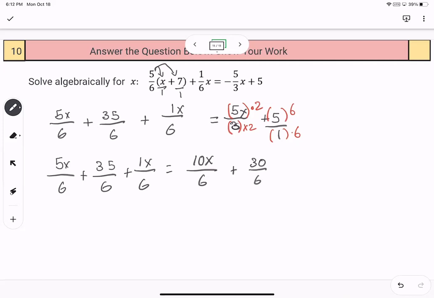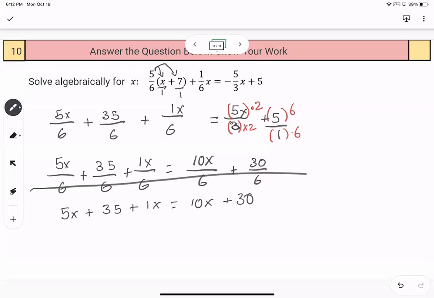Awesome. Now all the denominators are 6. So all we have to do is cancel them out, because if you multiply 6 to both sides, they all cancel out. We have 5x plus 35 plus 1x is equal to 10x plus 30. Now all we have to do is solve for x.